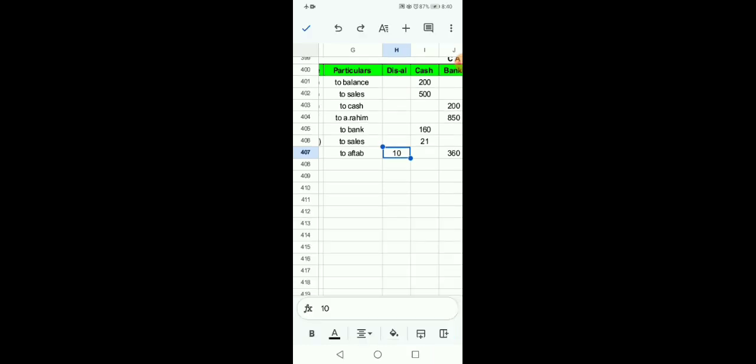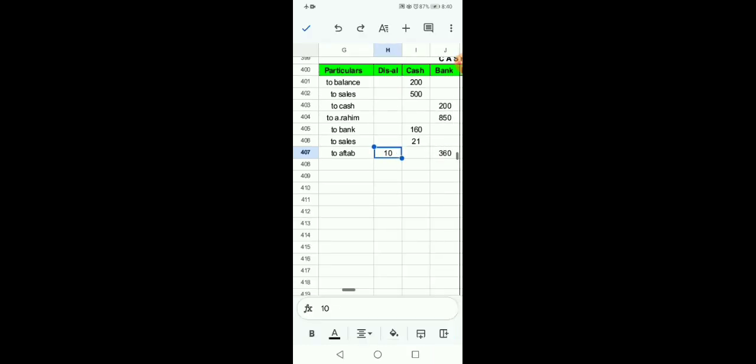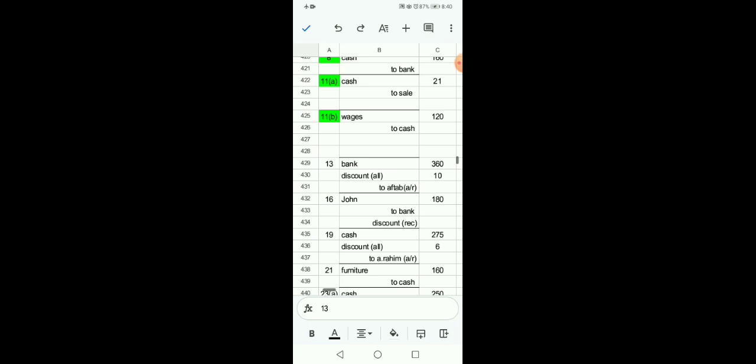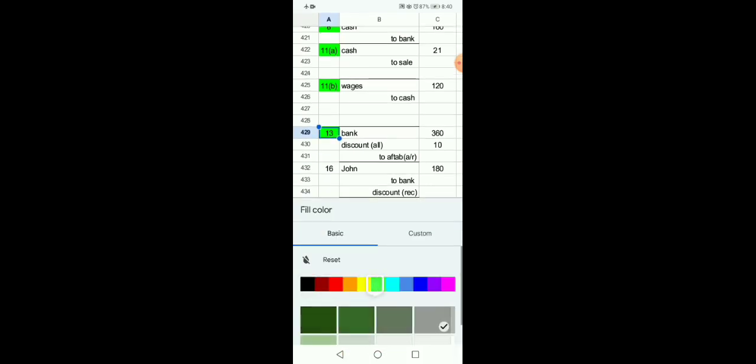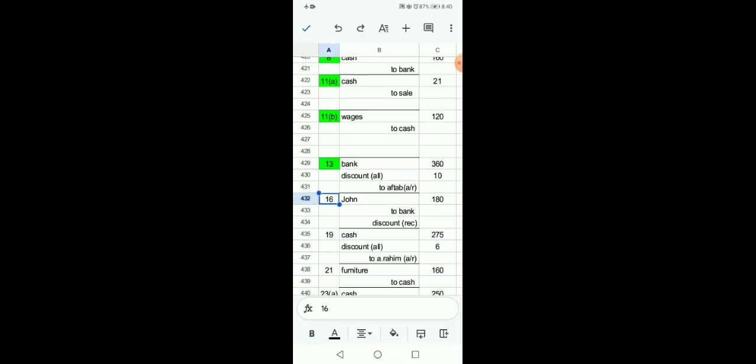Why? Because the reference of 360 and the reference of 10 is the same, which is Aftab. The date of both elements is the same, which is 13. So you can use the same line. The 13th entry is completed, but mark it as it has been done. Let's see what is next for us.